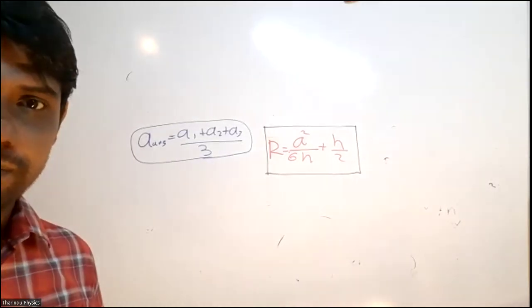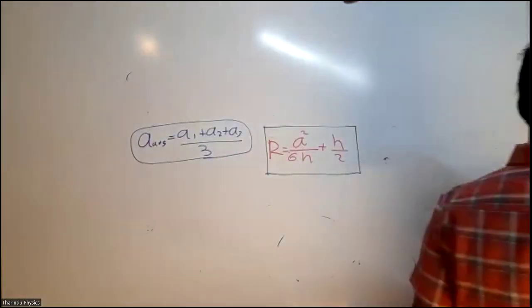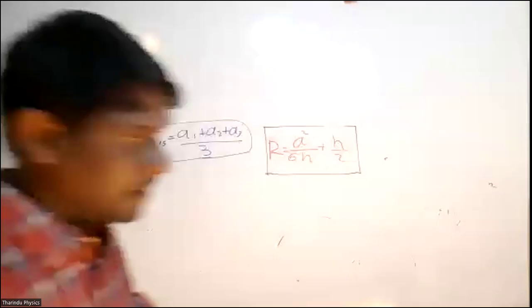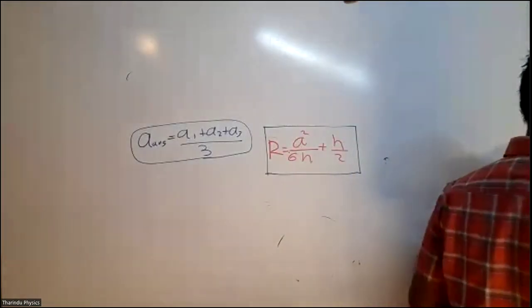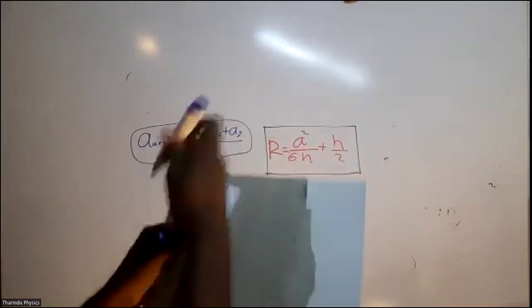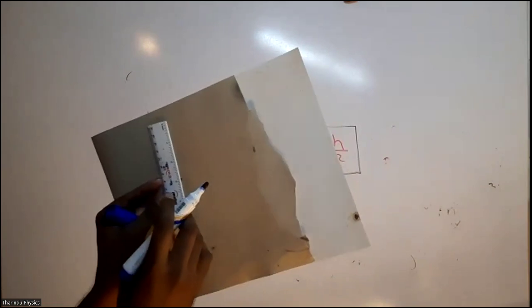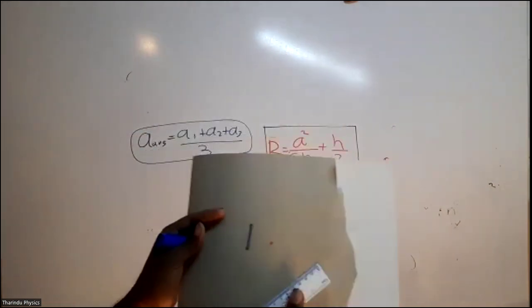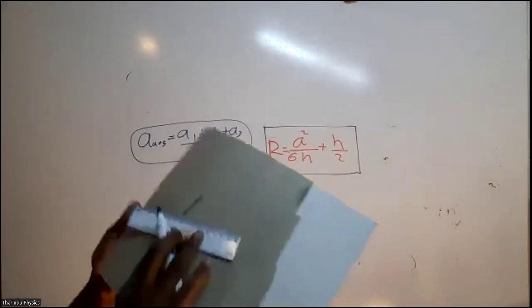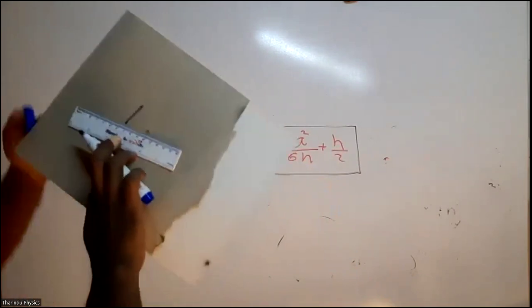So you have to use your ruler. Keep it in contact like this and draw one line. And draw another line.